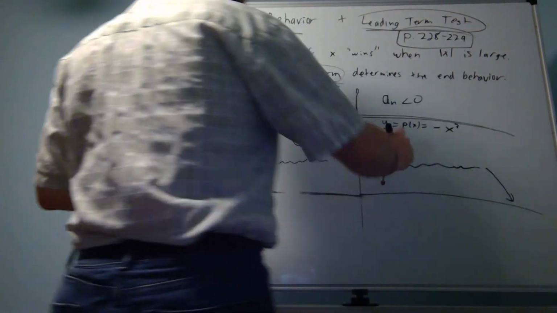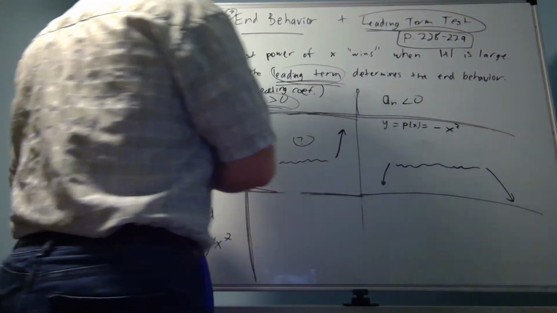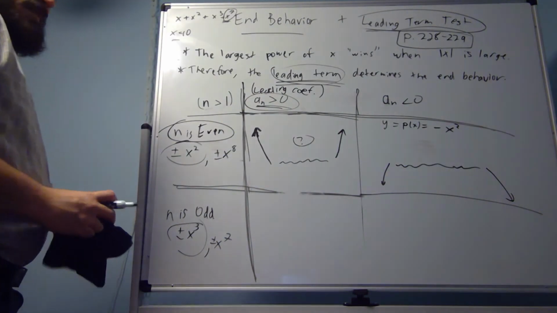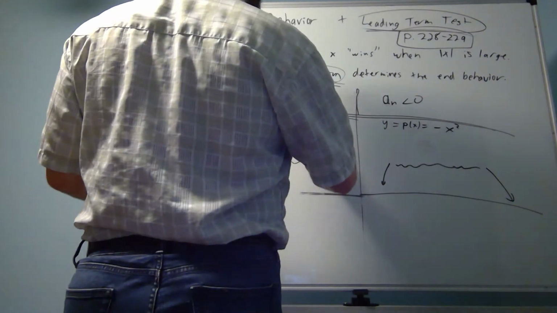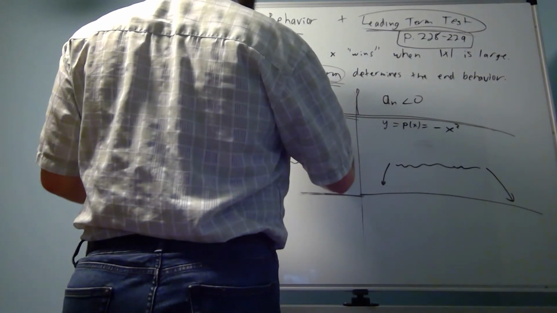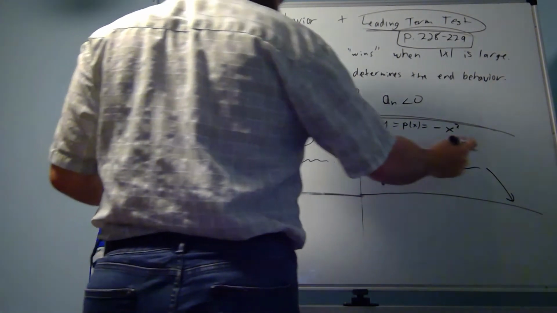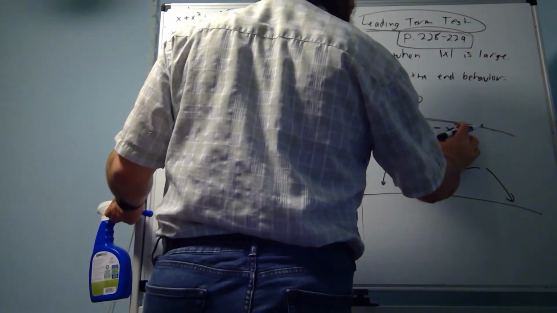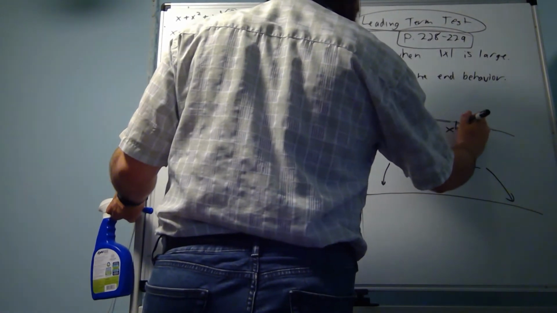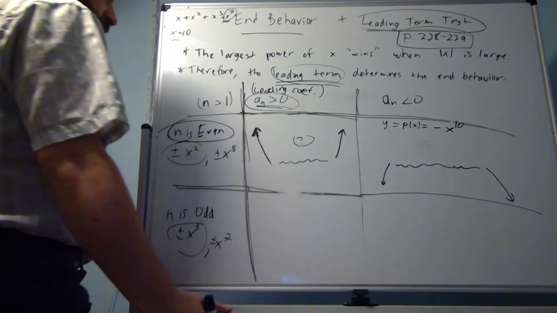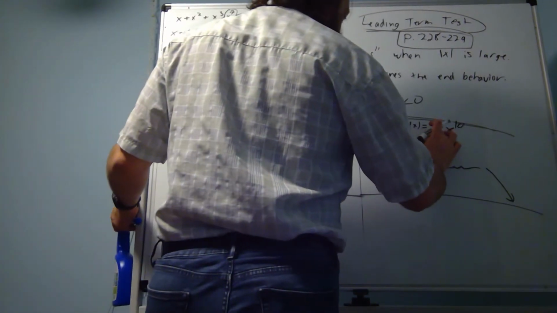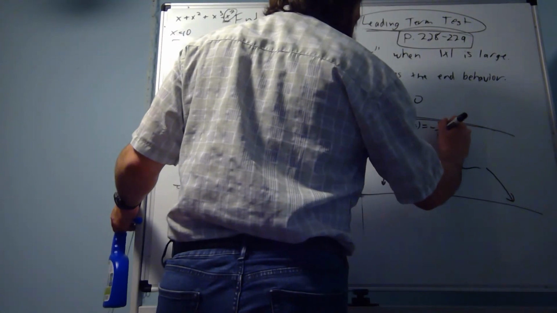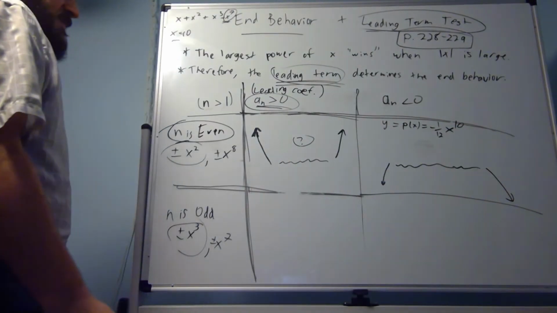So what the book does, it has a sort of zigzag that represents the middle. So minus x squared, or this could be minus x to the 10th, could be negative x to the 100th, it could be negative 1/12 x to the 10th.